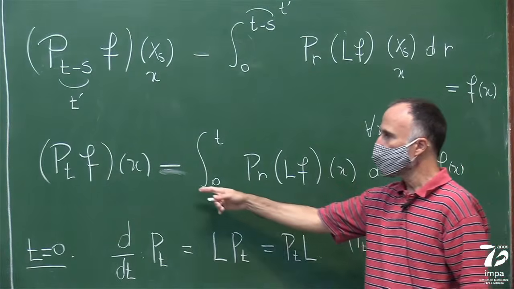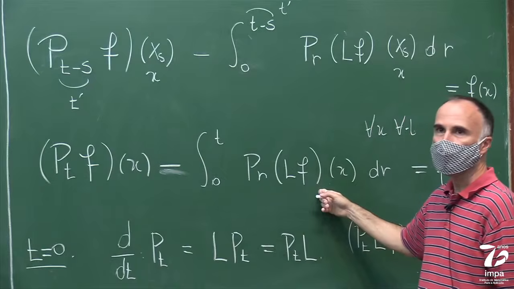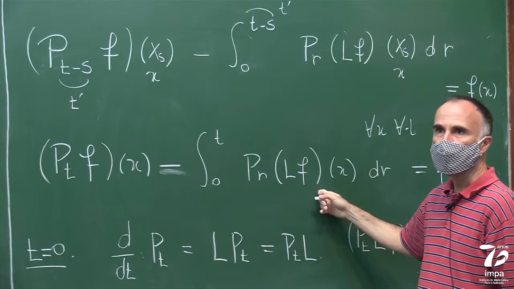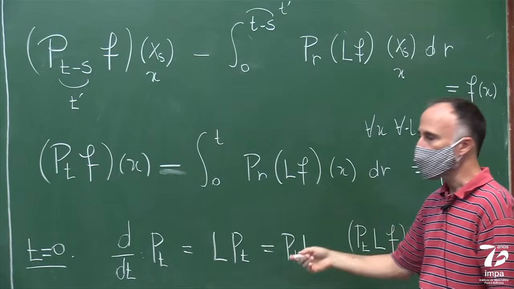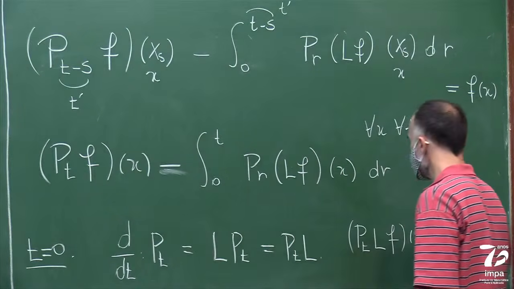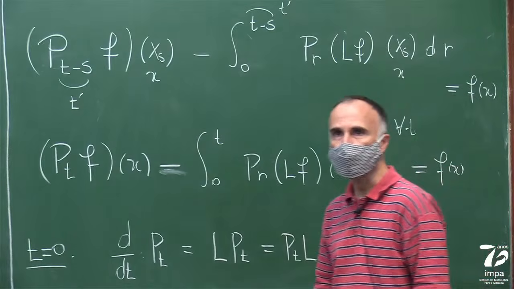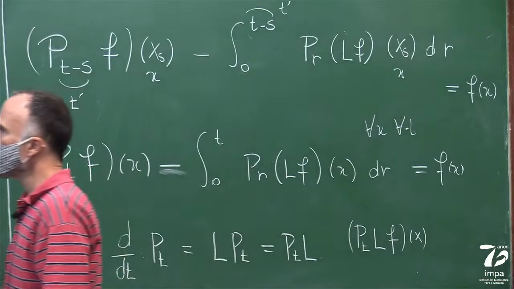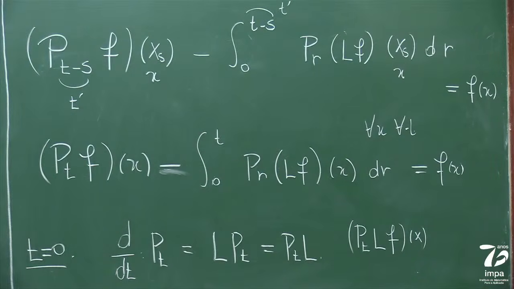So the derivative of this expression in time is equal to 0. Since it's equal to 0, this expression is equal to f(x) at time 0, it's constant equal to f(x), and we proved indeed that this identity holds, and therefore that M is a martingale. All right? So this is a martingale.